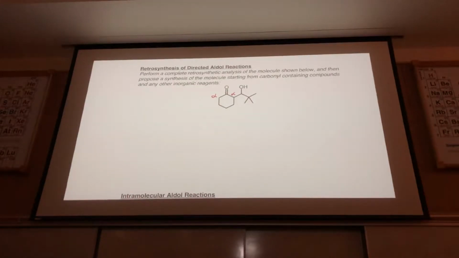That must have been where the new bond was, right? So that means this chunk was the enolate. And this piece was the electrophile.